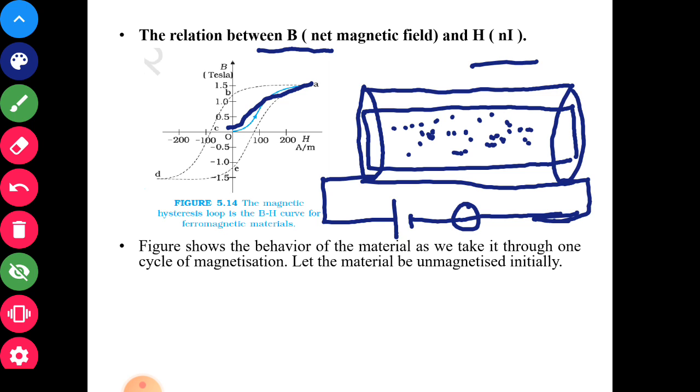The magnetization occurs and all the atomic magnetic dipoles will try to align in one particular direction. This phenomenon occurs when the ferromagnetic substance is taken.